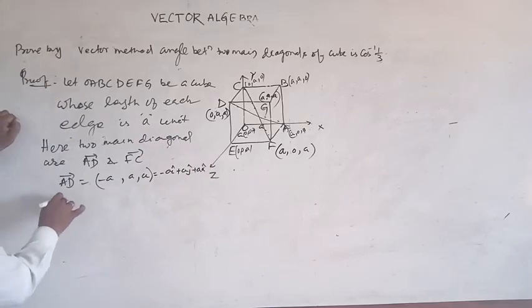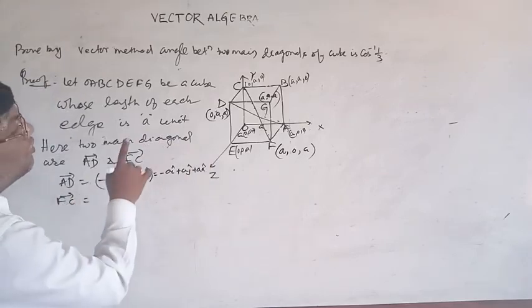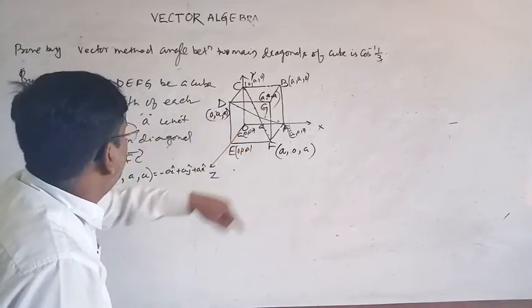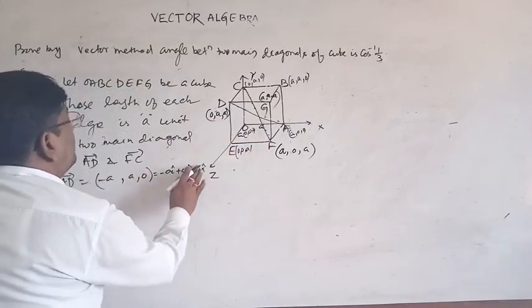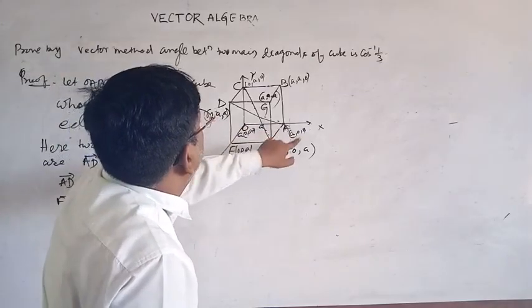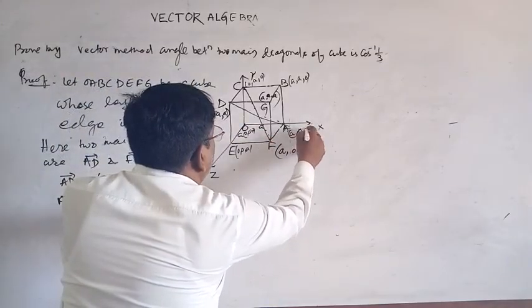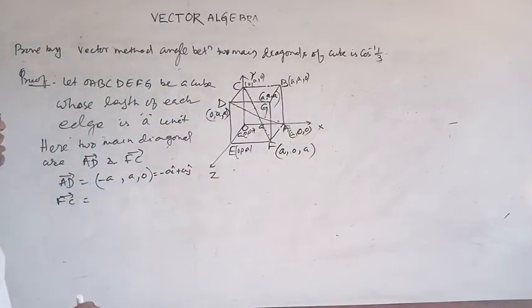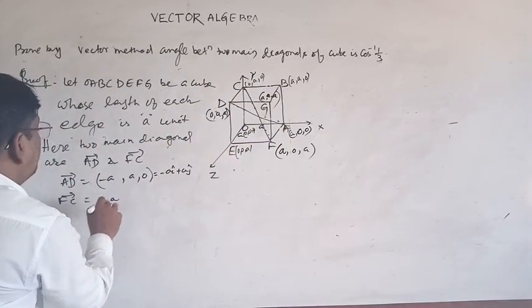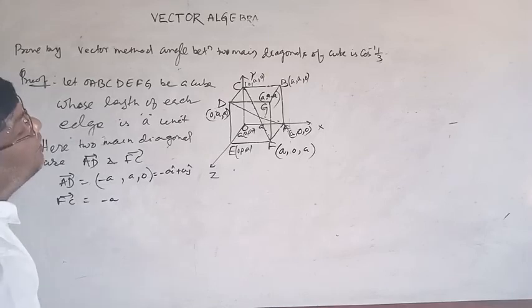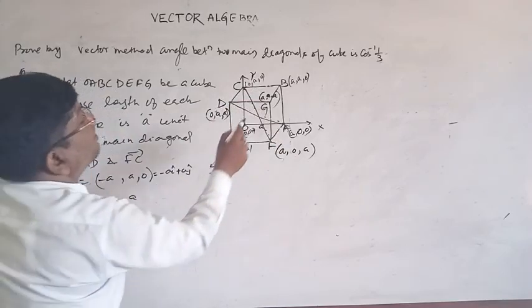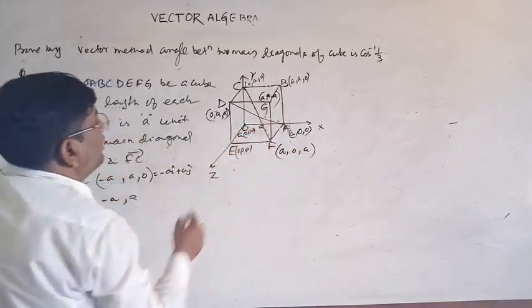Similarly, FC means C minus F: 0 minus a, a minus 0, and a minus a is 0. So FC is 0 minus a, a minus 0, 0 minus a.